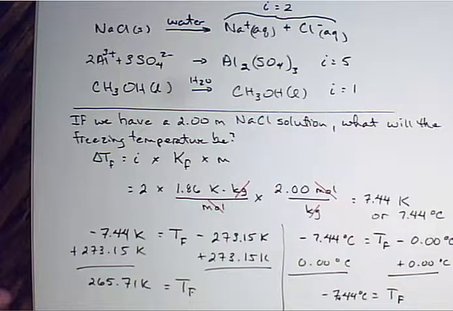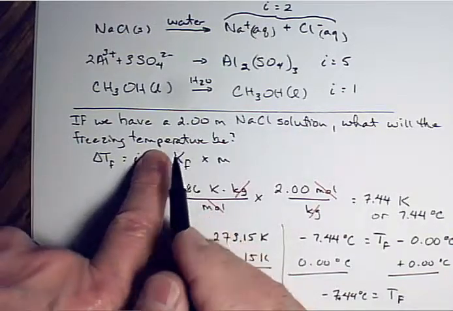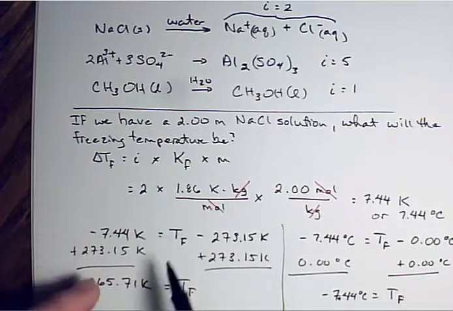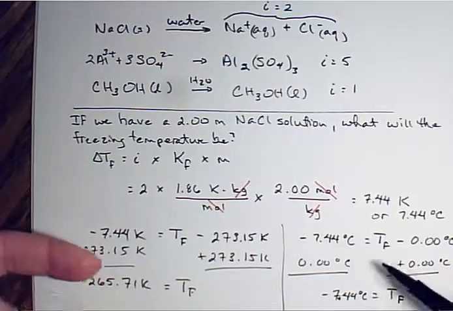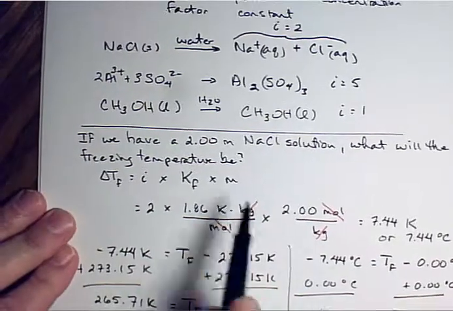Well, if the question doesn't specify which unit of temperature to use, you can use either Kelvin or Celsius. But if it specifies, you got to use the one it says to use. Okay? So you can find the Kelvin temperature and convert to Celsius. You can find the Celsius temperature and convert to Kelvin, or you can do the two math problems separately. You with me? All right then.